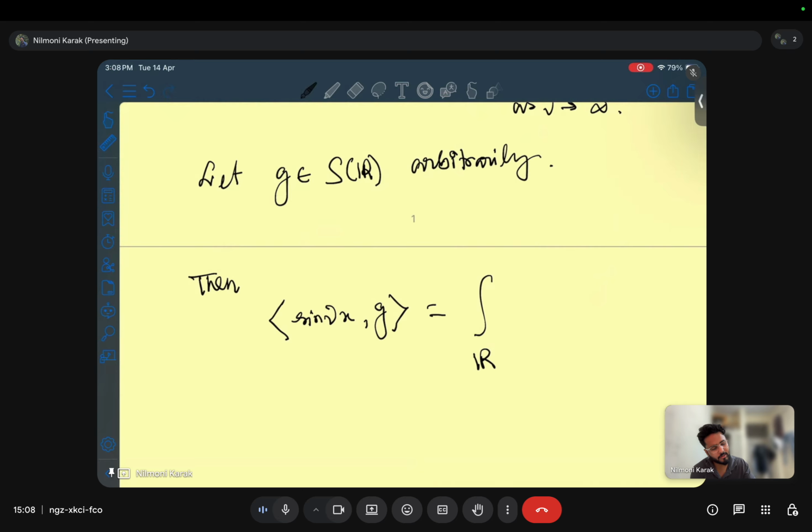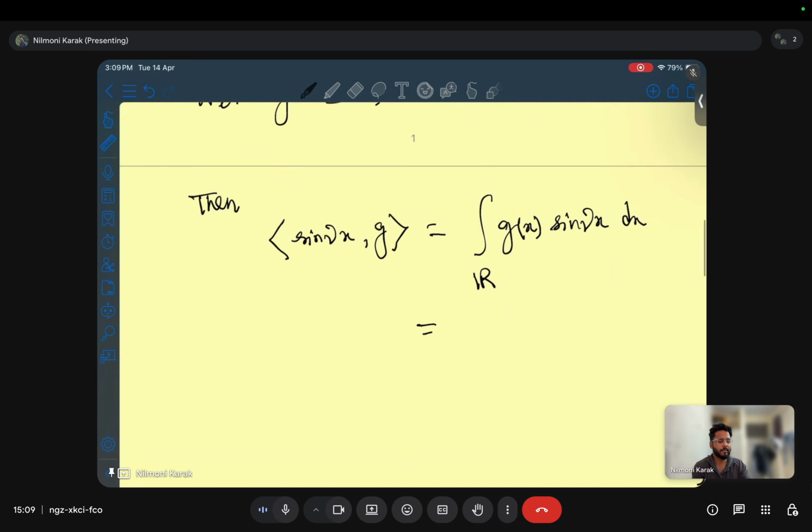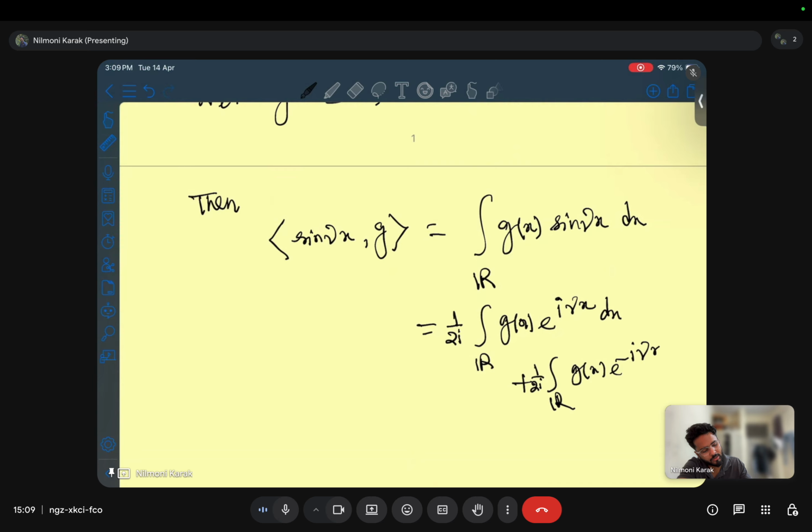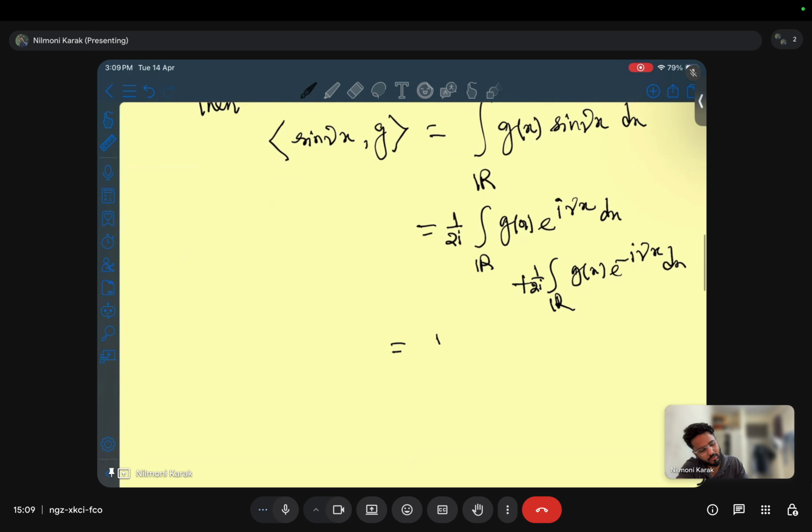This is the integral of g(x) sin nu x dx, which equals 1 by 2i times the integral of g(x) e to the power i nu x dx plus 1 by 2i times the integral of g(x) e to the power minus i nu x dx. This is given by the Fourier transform of g, g hat, at minus nu and at nu.